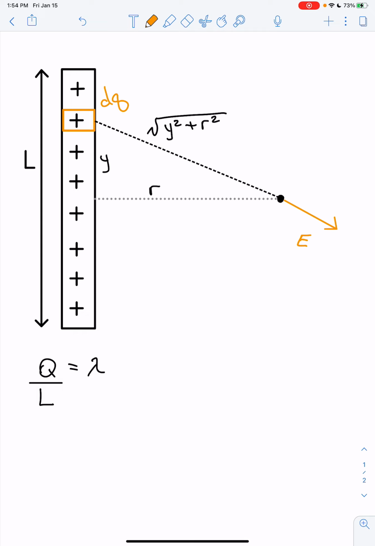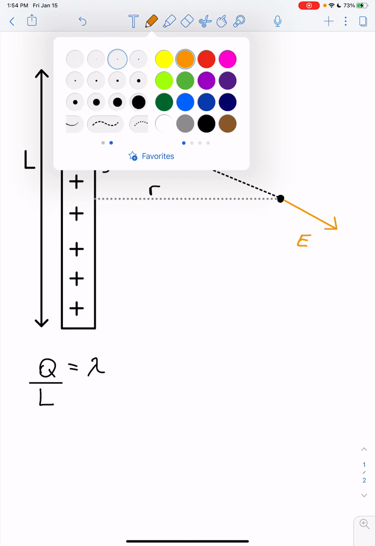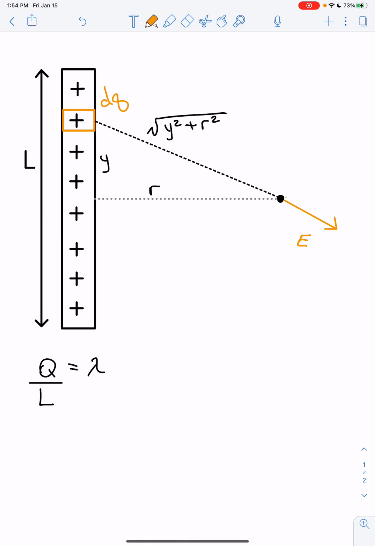And so what we can also do is break that into components. That's going to be pretty important pretty soon. We could think about it as having a component in the x direction, and then a component as well in the y direction.